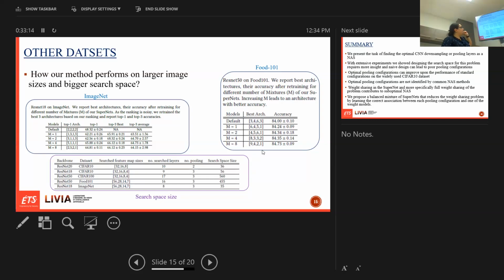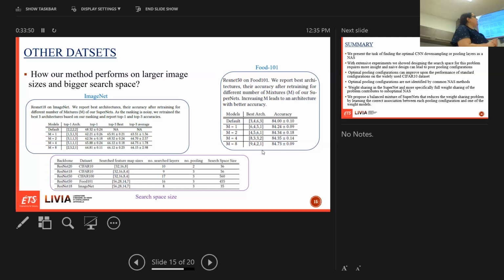On the ImageNet, we didn't really find any architecture that is better than the default architecture. However, we were able to find the default architecture with our method. So the conclusion that we had was that probably the default configuration has been manually optimized for the ImageNet dataset.